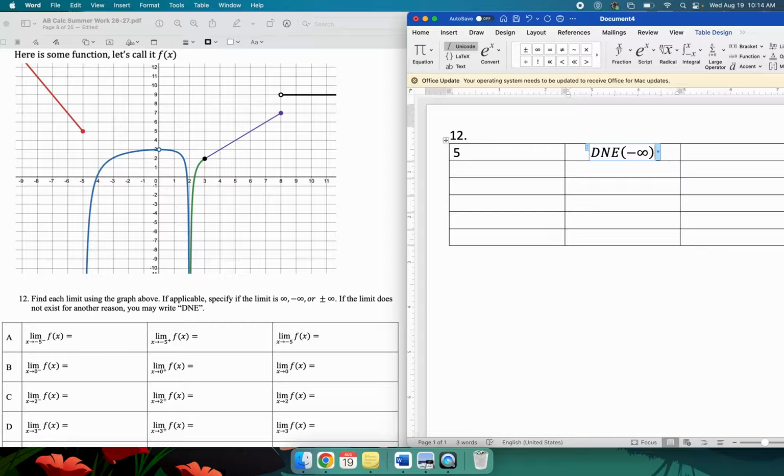But in responding to this kind of question, if a limit fails to exist, we often like to say why. So we'll say DNE, which means does not exist, and then in parentheses, we're saying it doesn't exist because the y values are approaching -infinity. The reason that the limit fails to exist is really sitting in the parentheses there.